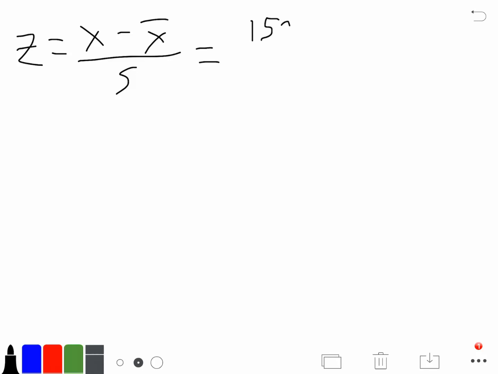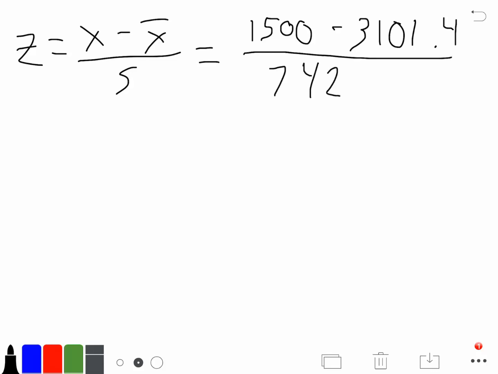Now let's do the exact same thing for the z-score of the females. So z equals that exact same formula, x minus x bar all over s, which is equal to x for the females is still 1,500, minus x bar for the females is 3,101.4, all over s for the females, which would be the standard deviation for the females.